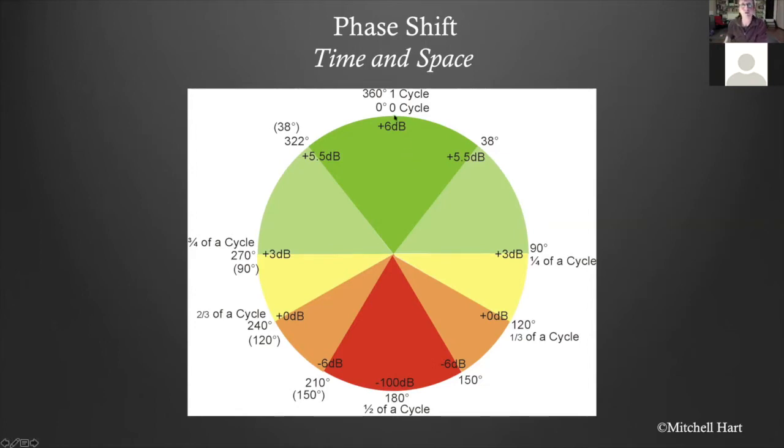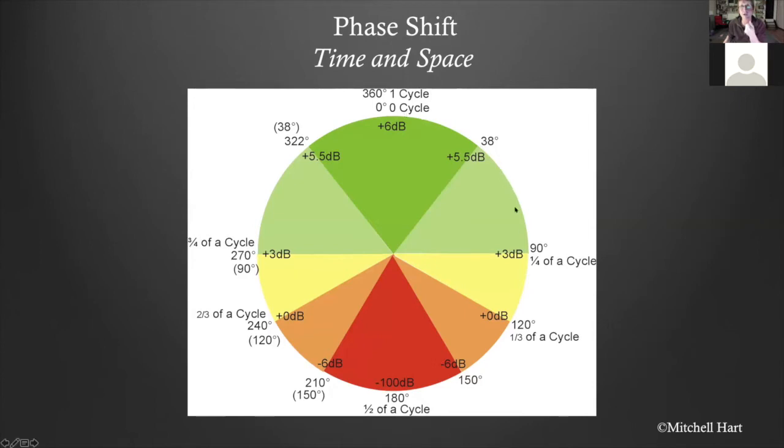But when we talk about time, at any frequency, when you change the time difference between 2 speakers, you actually get a phase shift. This wheel here is showing you that as you get different amounts of time changing, say one speaker's moving further away from you than one that's sitting stationary, there'll be a change in the level of those two frequencies that you're hearing.